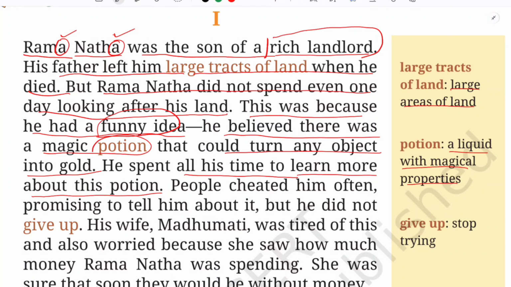So he had spent all his time to learn about that potion. And people cheated him often, promising to tell him about it, but he did not give up. So even people started cheating him, telling him, okay, I know how to make that potion, you give this much amount of money to me and I'll tell you the process and give you the information on how the potion is made.